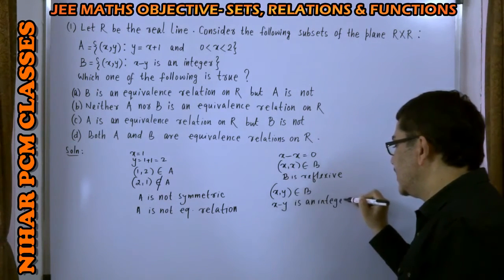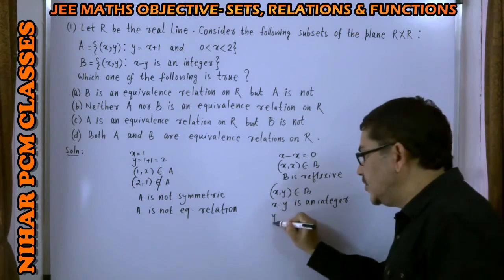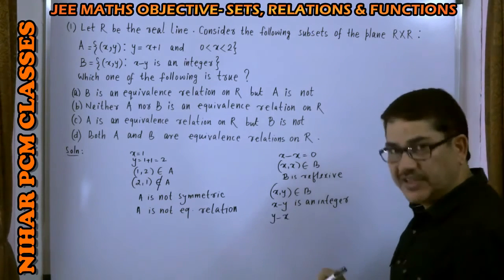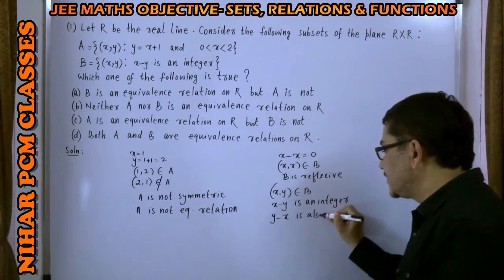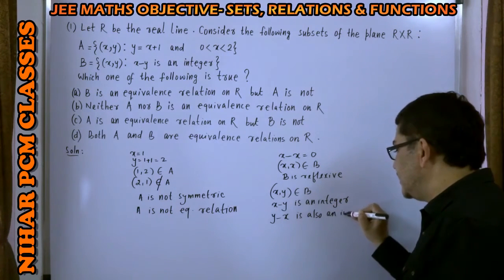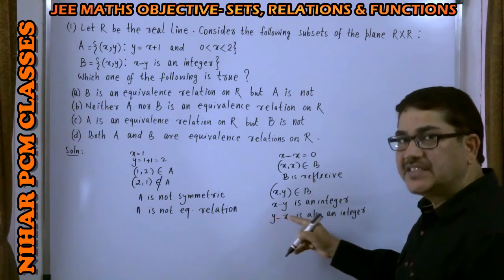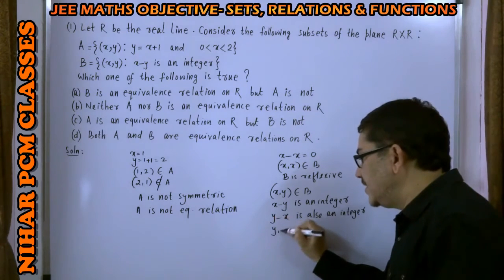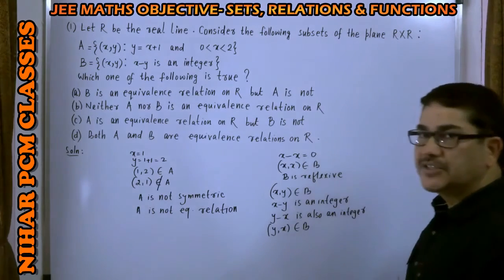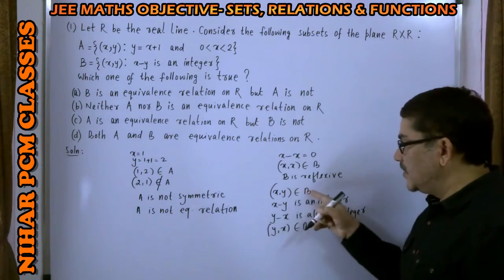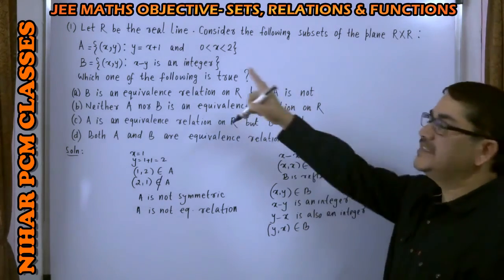If x minus y is an integer, then y minus x is also an integer. And if y minus x is an integer, (y, x) belongs to B. So if (x, y) belongs to B, then (y, x) also belongs to B. What does it mean? B is symmetric.